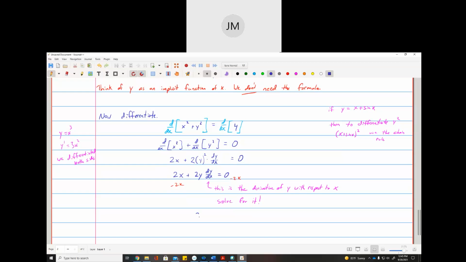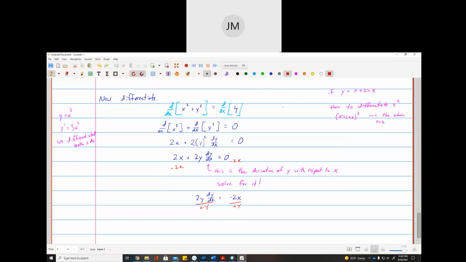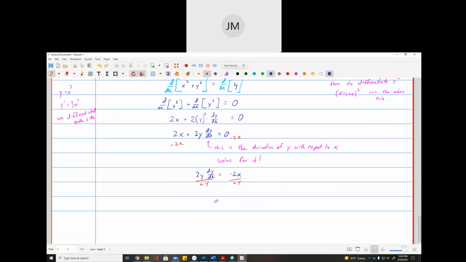So we have 2y times dy/dx equals negative 2x. And then I divide both sides by 2y. So I have dy/dx equals negative 2x over 2y, which is just negative x over y.